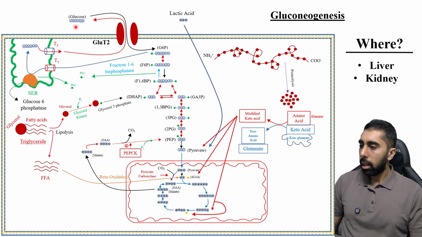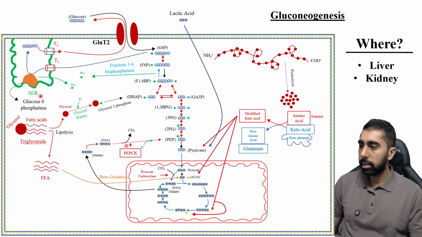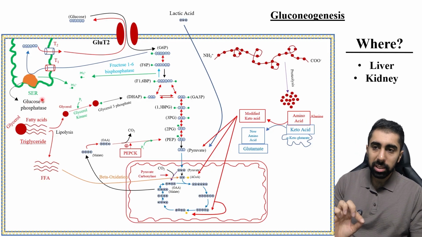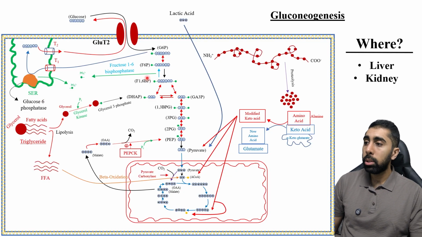If you paid attention enough, we have 3 important steps here. These steps, PEPCK, fructose 1,6-bisphosphatase, and glucose 6-phosphatase, are 3 important key regulatory steps in gluconeogenesis.